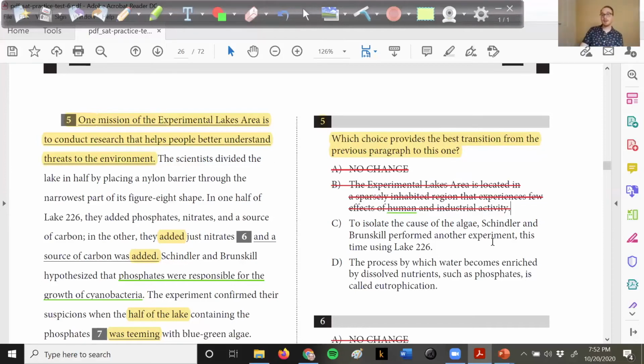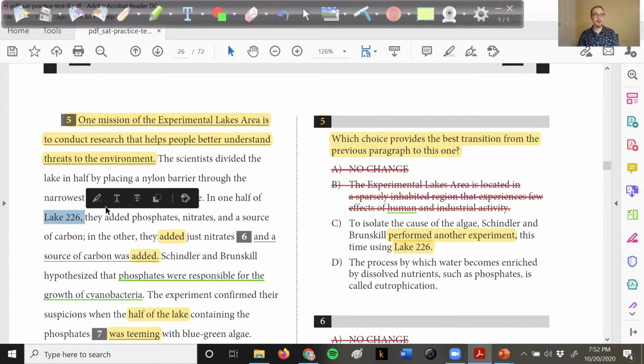To isolate the cause of the algae, Schindler and Brunskill performed another experiment, this time using Lake 226. Okay, so this one I like. We're about to learn what they did, and we've switched lakes, which I don't know if you guys caught that.